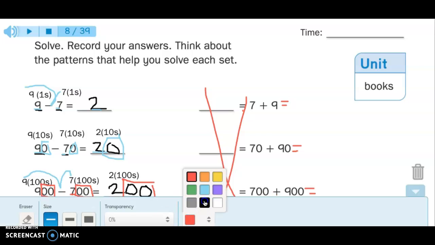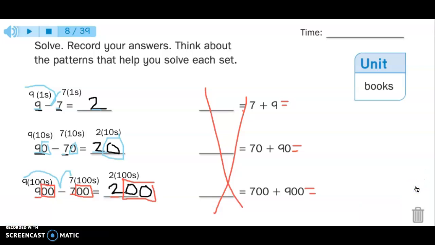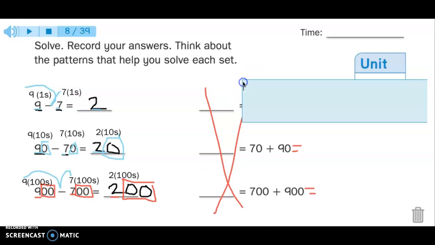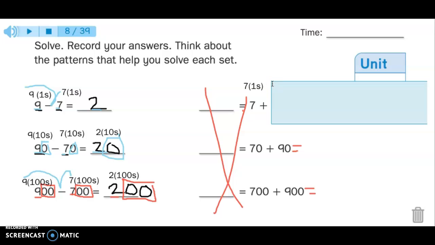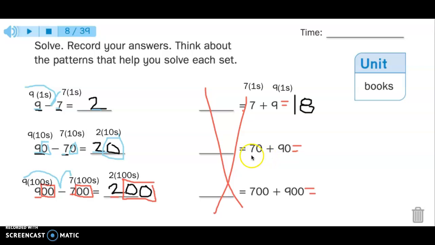All right, if you are back, you have answers over here. What is 7 plus 9? If you said 18, you are correct, right? It's like 7 ones plus 9 ones. That means, what do we have here?